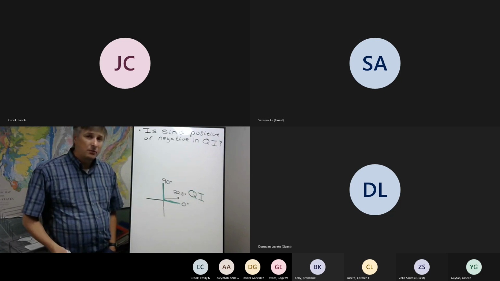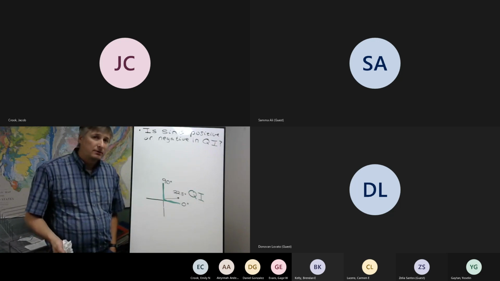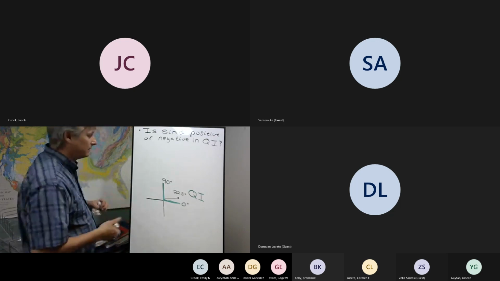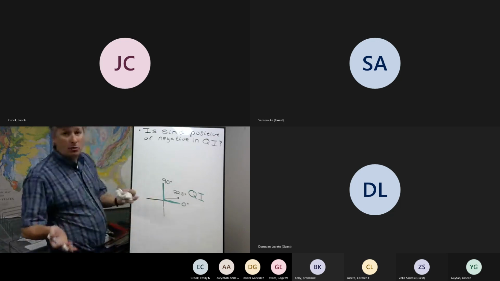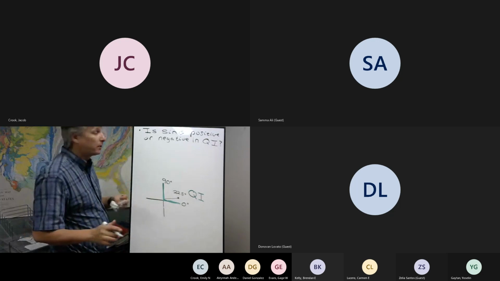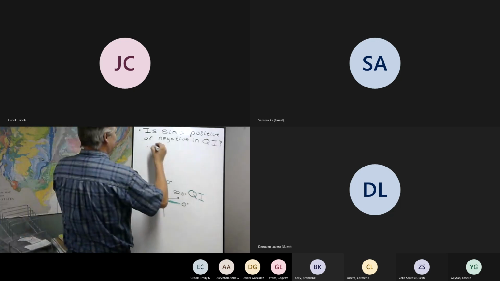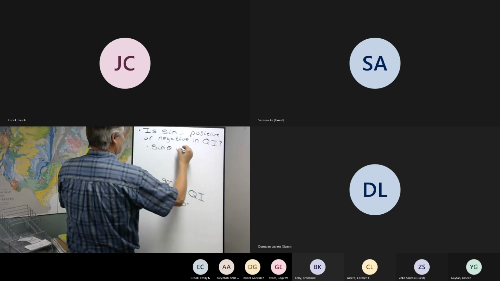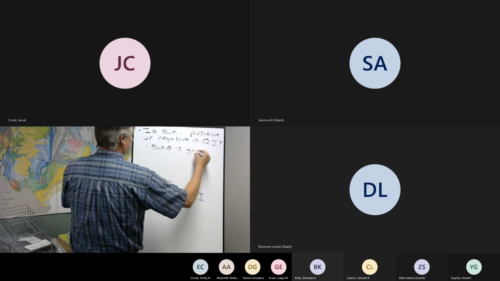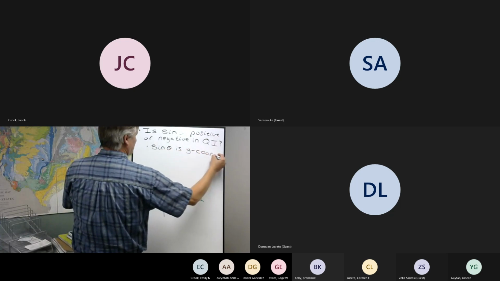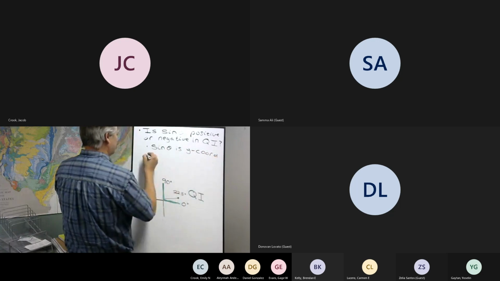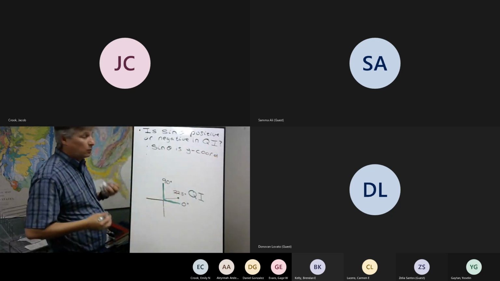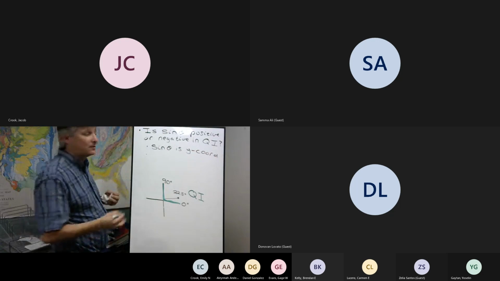So in quadrant 1, sine is always going to be the y coordinate. So keeping that in mind, actually in quadrant 1, all the quadrants, sine is always the y coordinate. And in the first quadrant, the y coordinate, or the sine function, is positive.